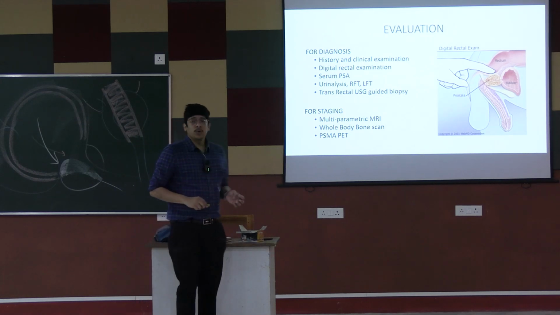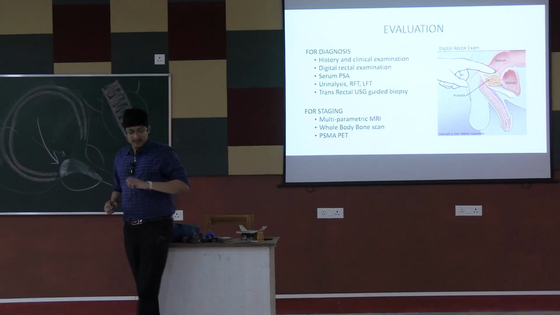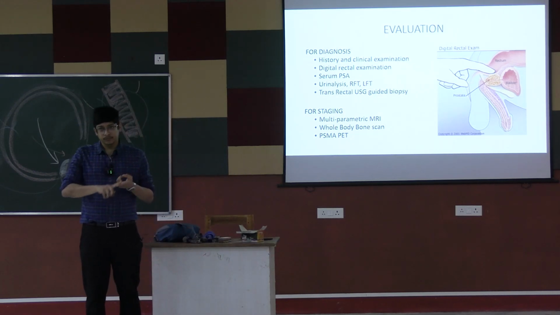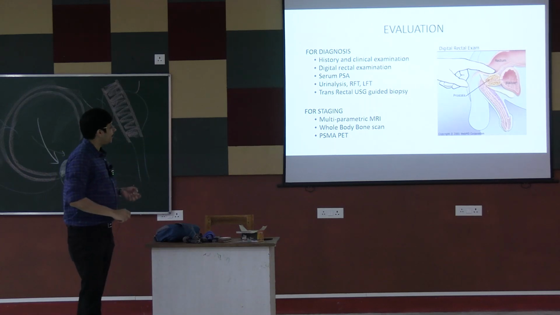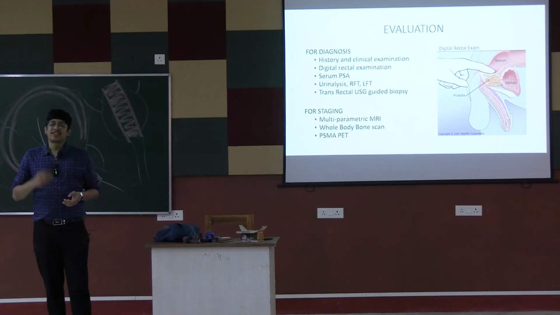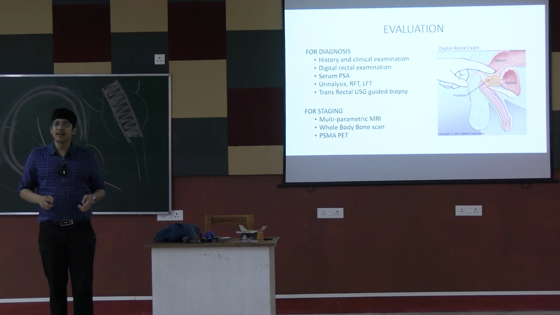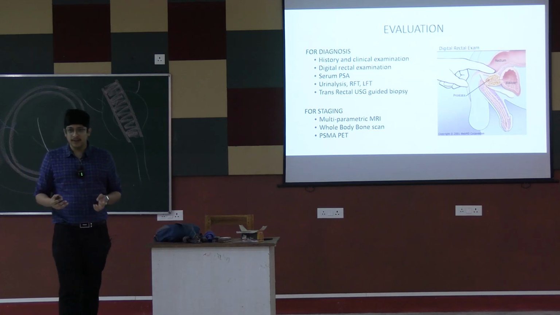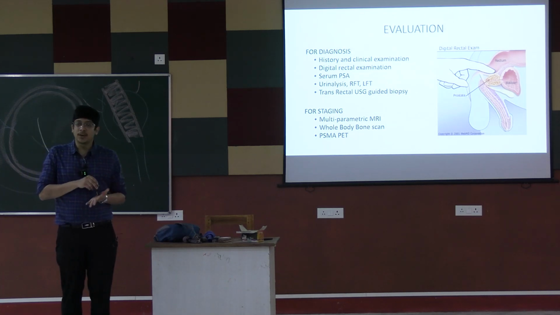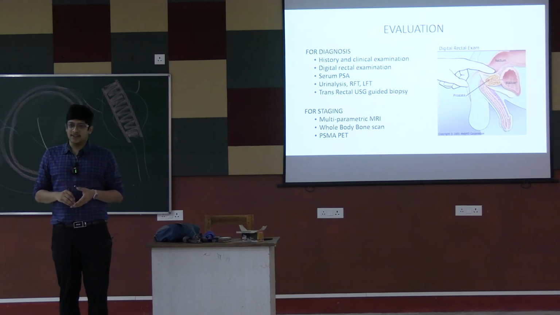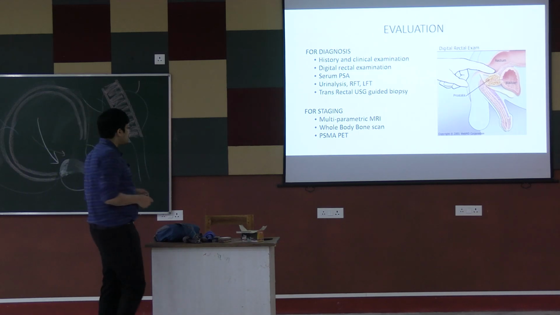Once we know from our biopsy that this patient has a malignancy, we have to stage the patient. Any patient with a malignancy, we have to stage to see whether this is a localized disease, a locally advanced disease, or a metastatic disease. Okay. So how do we do that staging?